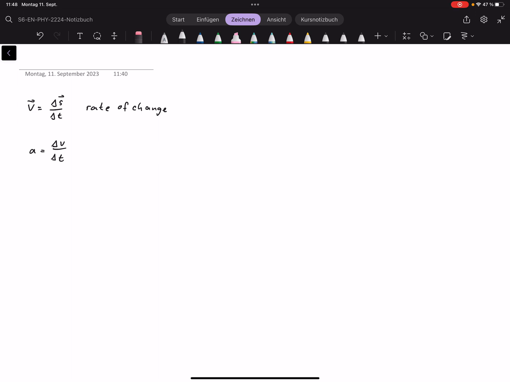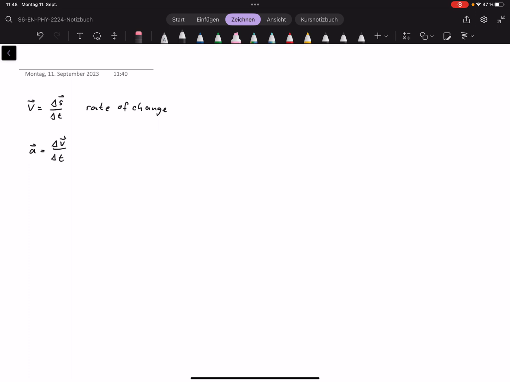Now we know that the velocity has vector properties, and that means that the acceleration must also be a vector quantity. Now, this is not very surprising, because we can accelerate a body with a low acceleration or a high acceleration, and that means it gains velocity faster or not as fast.